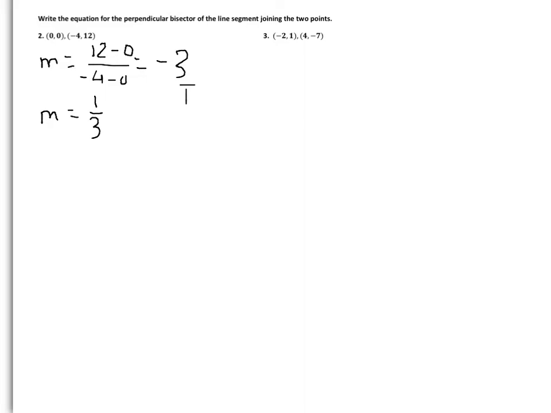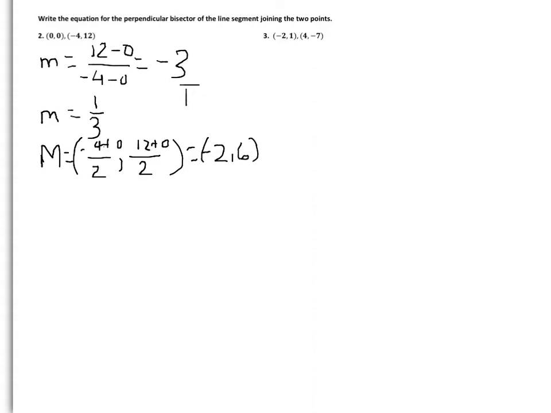Okay, so you need to find the midpoint. So that was slope. So capital M, midpoint equals negative 4 plus 0 divided by 2, comma, 12 plus 0 divided by 2. So the midpoint is negative 2, comma, 6.